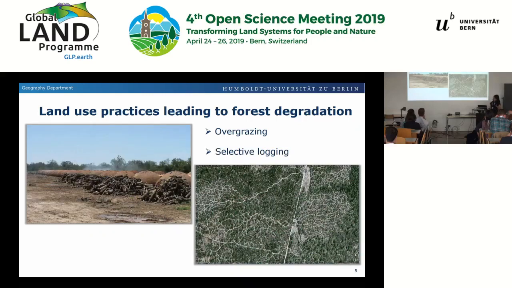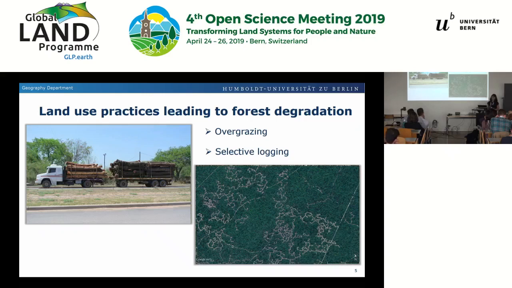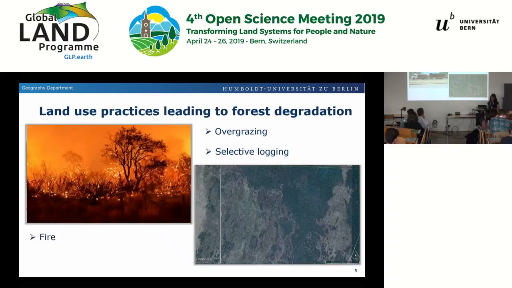Selective logging is also a land use practice very common in the Chaco. This can be either for charcoal production. What you see in the first photo are ovens to produce charcoal, and this is the effect that the harvesting of wood for charcoal production has on the forest. Here it's difficult to see, but it's one of those ovens. Selective logging is also related to the extraction of economically valuable species.